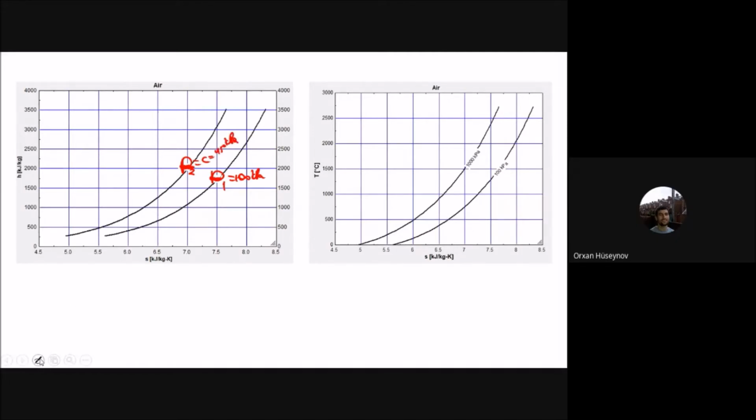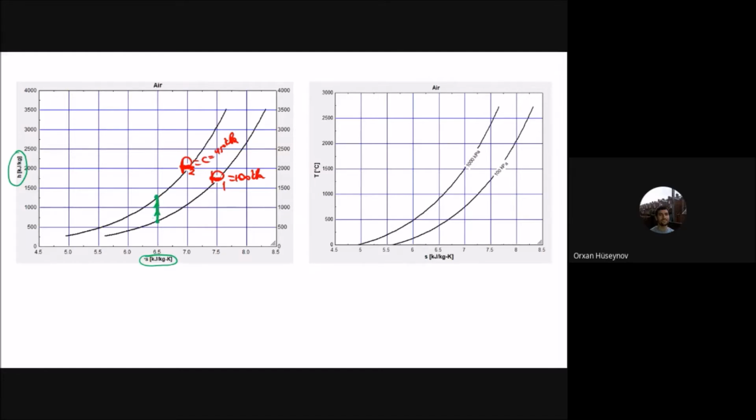And therefore, in this case, you will have two methods. In the first method, you can see this axis is entropy, and this axis is enthalpy. If it is isentropic, you will have this process. You can see entropy is constant, and you will reach that point.